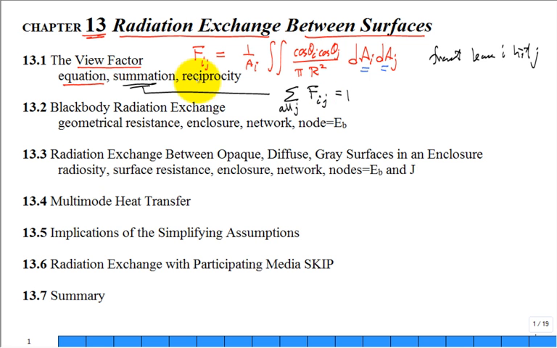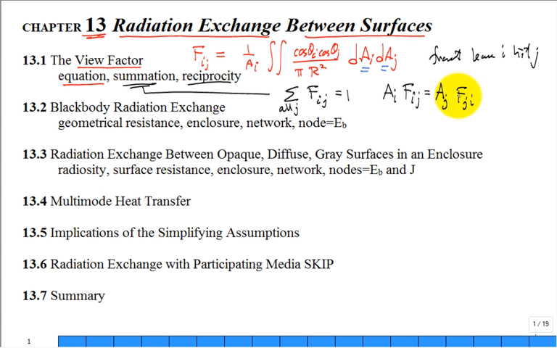And then the last one, the reciprocity rule, is that if I could send photons and they can hit you, guess what your photons that come off of you can do? They can come back and hit me. Photons travel in a straight line. So basically the equation goes like AI F I to j is equal to Aj times F j to I. We're going to derive that one too.